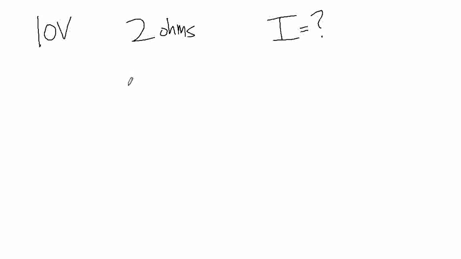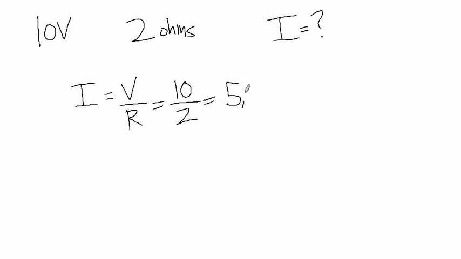Well, I would use Ohm's law to determine the current. The current is equal to the voltage divided by the resistance. So 10 divided by 2, and so there's 5 amps of current in that section of wire.